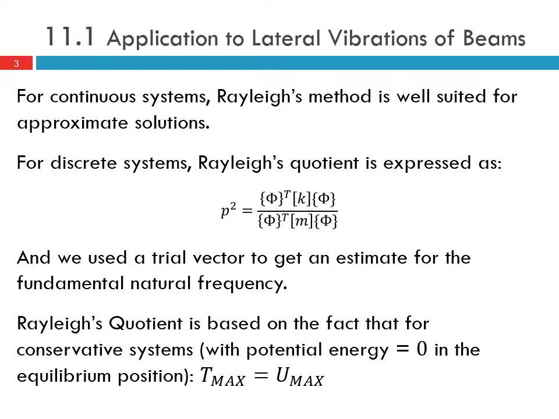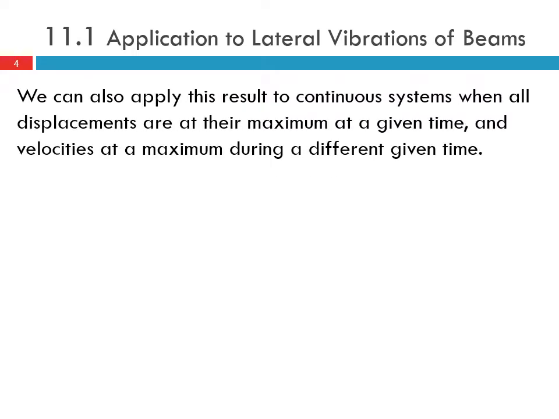So Rayleigh's quotient was based on the fact that for a conservative system with potential energy equals 0 at the equilibrium position, the maximum kinetic energy is equal to the maximum potential energy, or Tmax is equal to Umax. So we can also apply this result to continuous systems when all the displacements are at their maximum at a given time and all the velocities are at a maximum at a different given time.